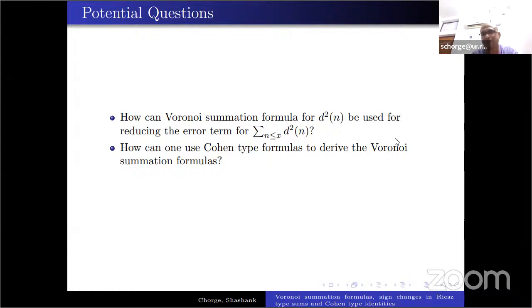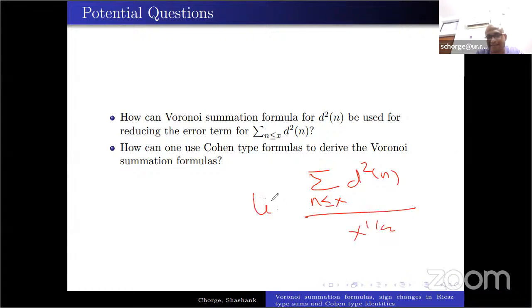What is shown is that the sum over n less than or equal to x of d square n, divided by x raised to 1/4, the lim sup as x goes to infinity is greater than 0. That is basically the omega bound. So there shouldn't be any problem to get x raised to 1/4 as a conjecture.